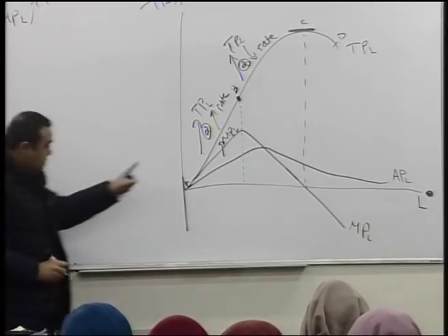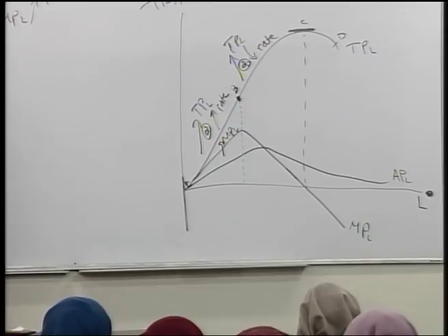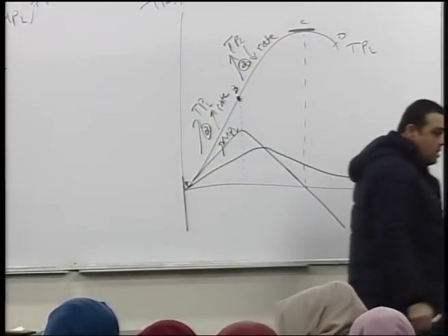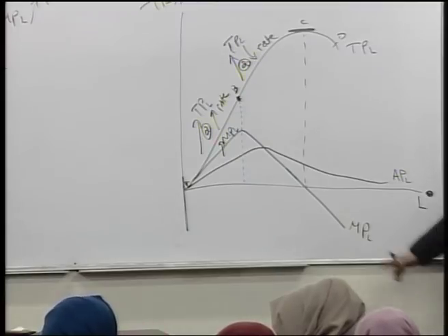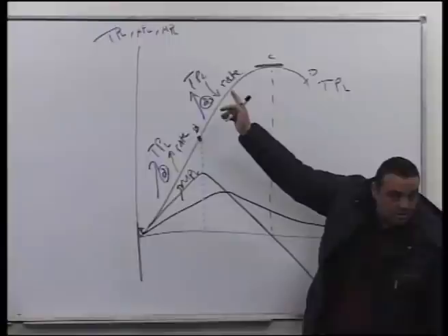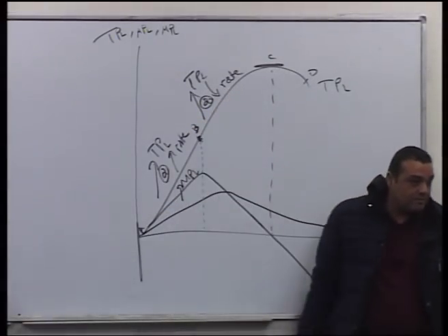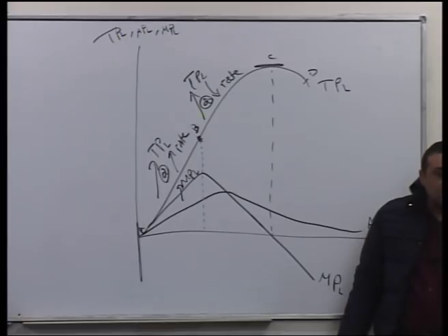Hence, the marginal production of labor is decreasing. MPL is decreasing, but still positive. It is going up, but the speed of rising is less than the previous period. Okay? It's quite similar to the marginal utility and total utility. All right?